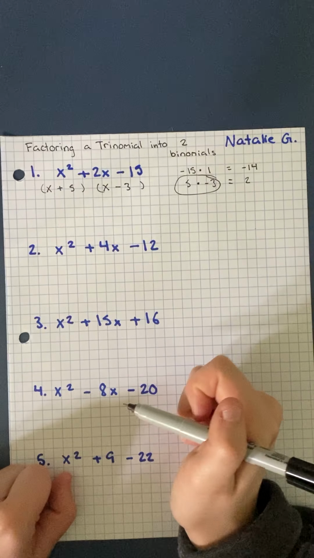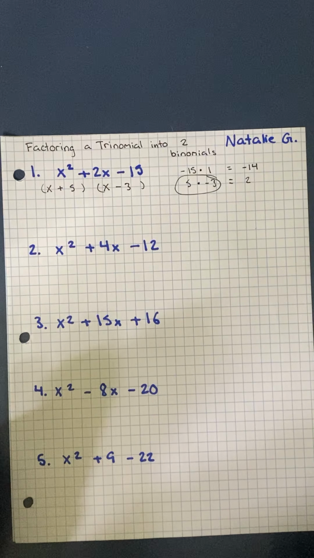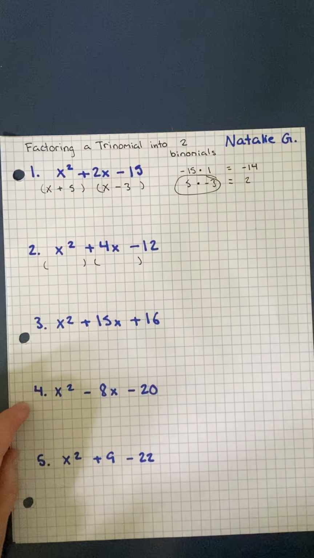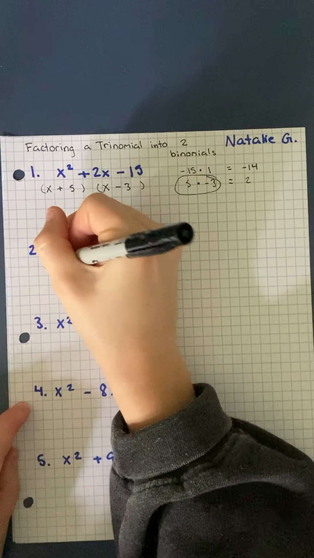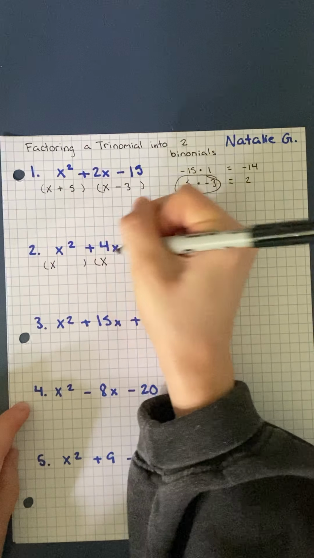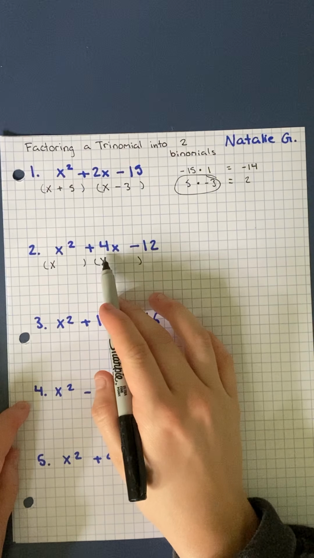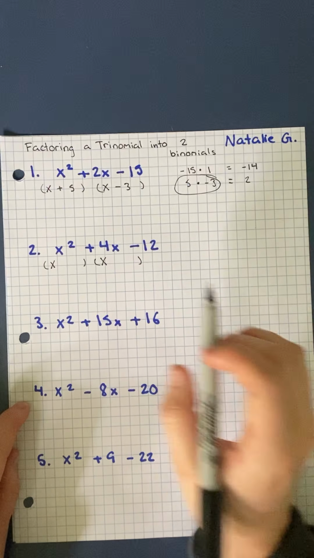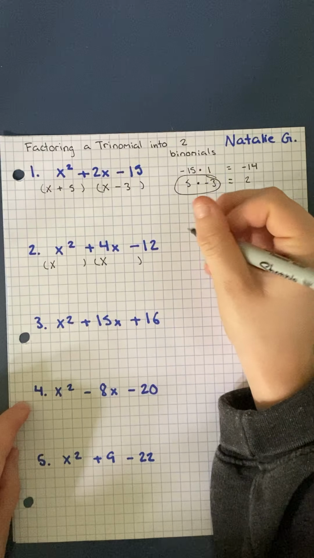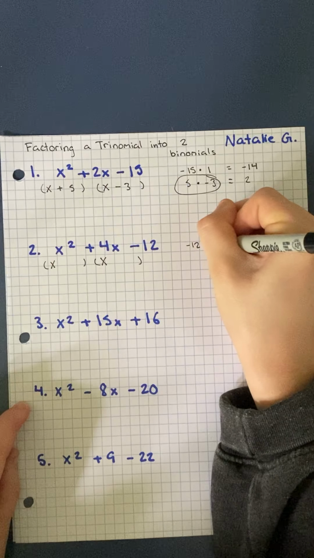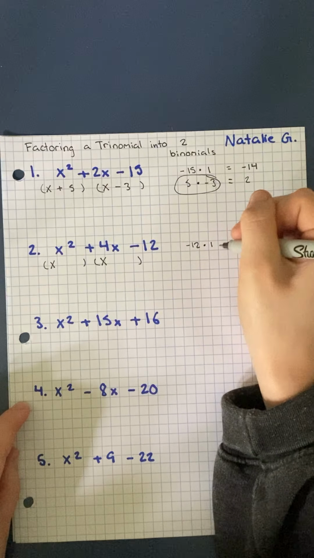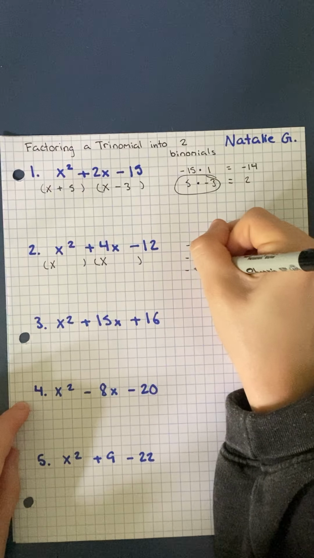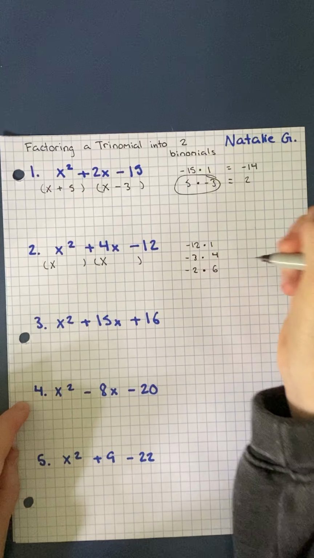Okay, so for the second one, since we're doing the same thing, we're going to put the two parentheses. Again, here we have both the x's, so we're going to separate those. We're going to skip the middle term and go out to the third term. All the possible ways we could get this: negative 12 times 1, negative 3 times 4, negative 2 times 6.